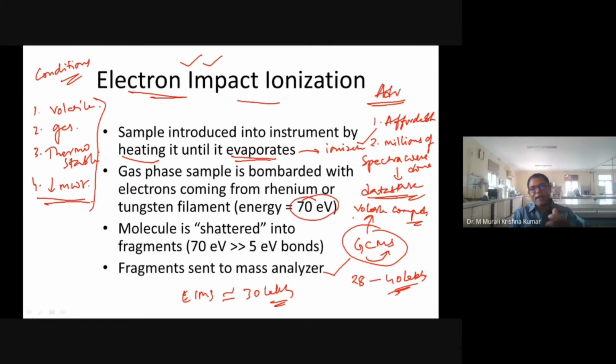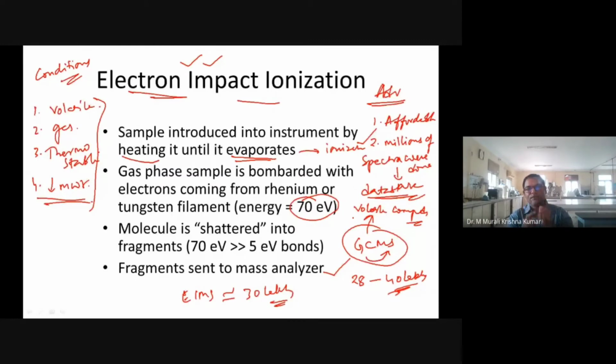So if you inject a sample into GCMS or EIMS, if the spectrum is coming, that spectrum can be directly submitted for automated analysis. So if any known compound spectrum is matching with the unknown compound, in that way we can match two compounds. Means compound identification is possible.